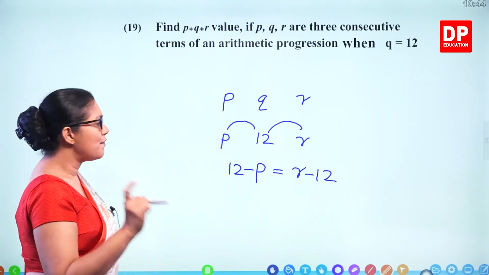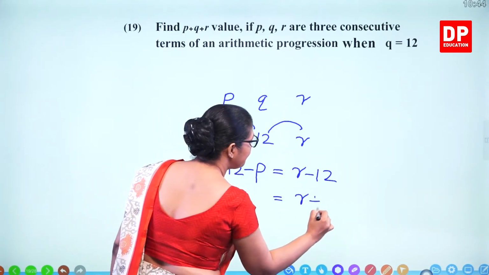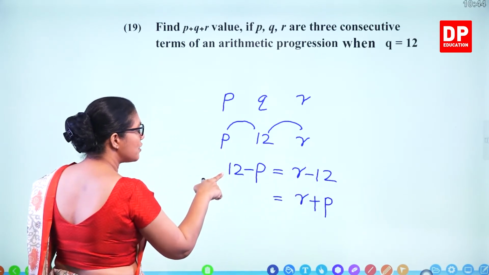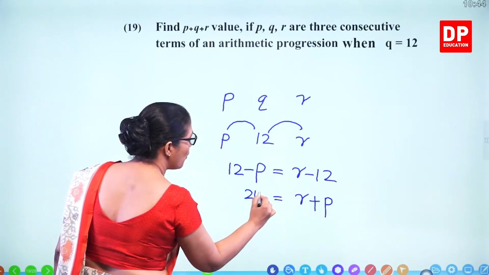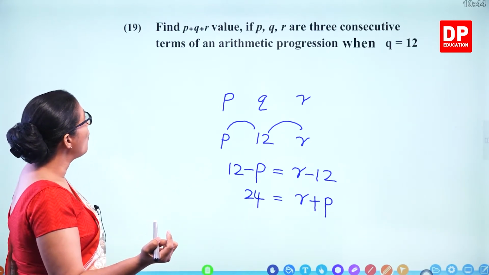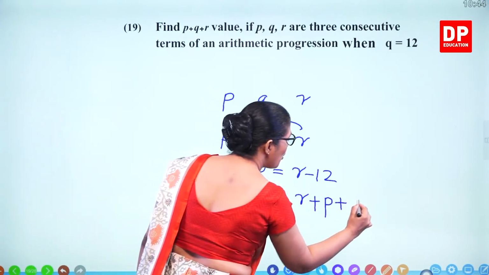Same common difference. So you can say R plus P, when you take minus P to this side, minus 12 to this side, 12 and 12, 24. R plus P is 24. What is P plus Q plus R? So you have to add Q to both sides.